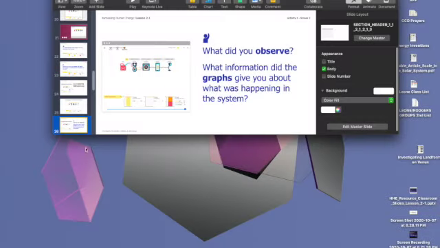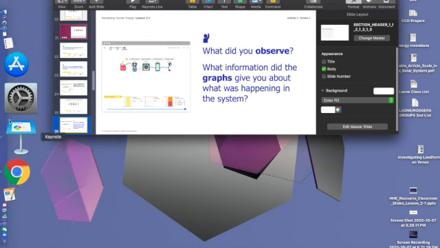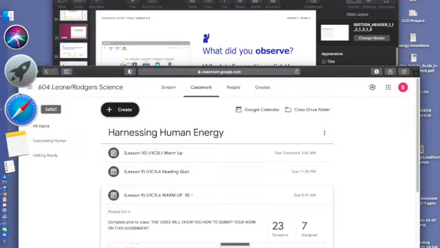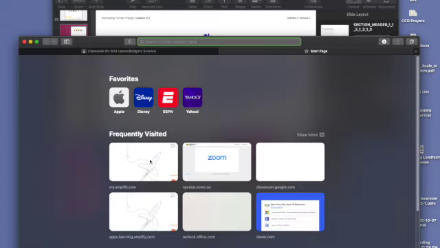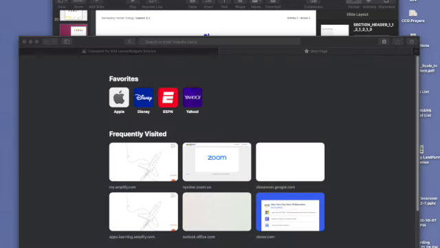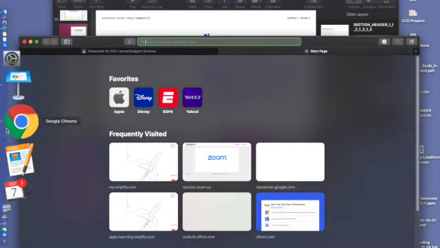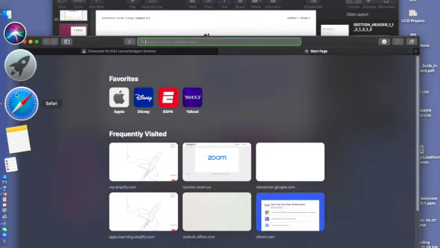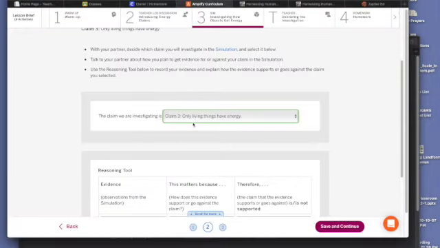Let me actually go to the simulator to show you instead of my screenshots. I apologize, just one moment. I thought I had them up. All right, there we go.